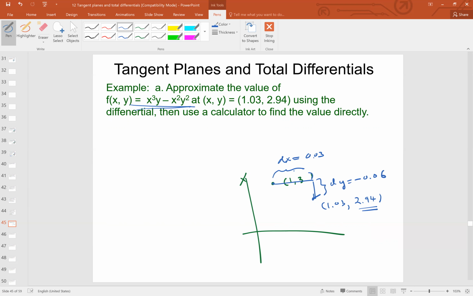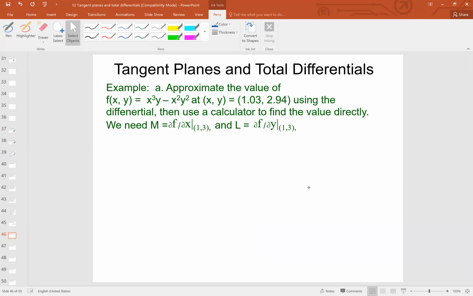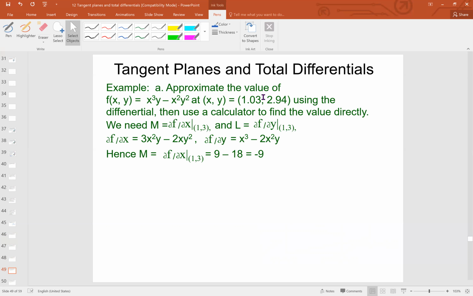So the question is, if I move from 1, 3 to this point, on the tangent plane, where will I be? What's the total change in the amount of z on the tangent plane? So first I calculate the slope at the point 1, 3, in the x and y directions.